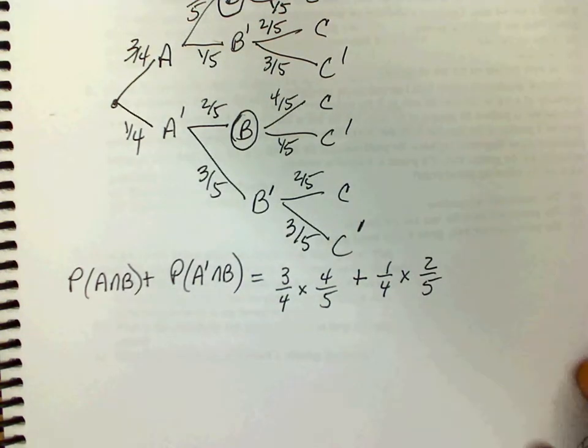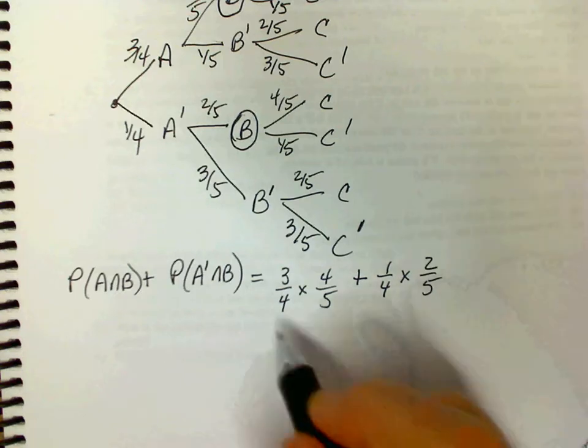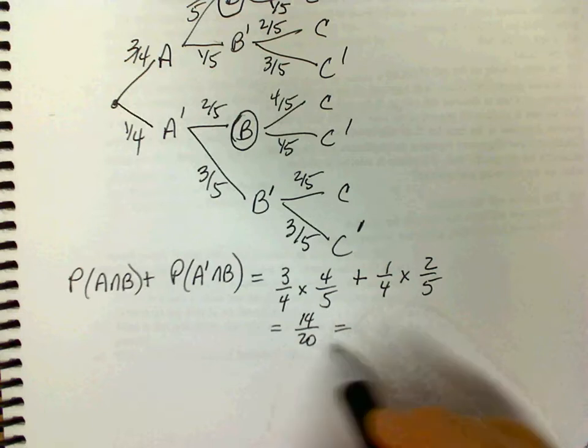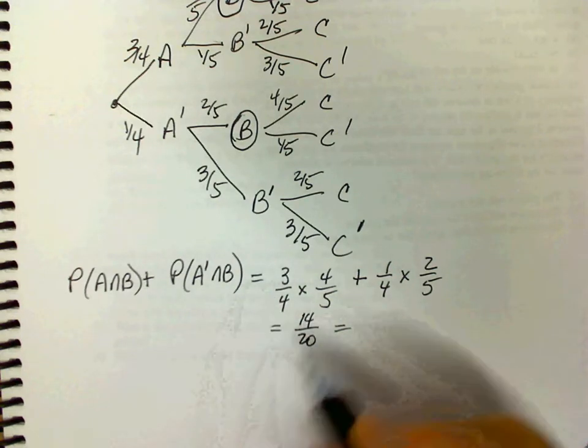That is going to be 14 over 20, and you usually put one equal sign per line. That's 7 over 10.